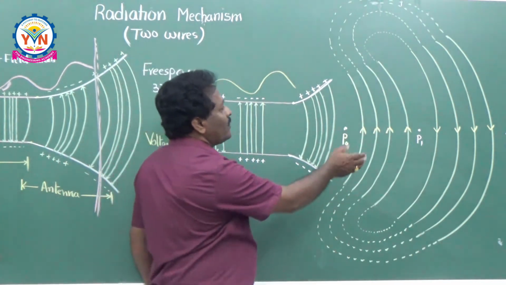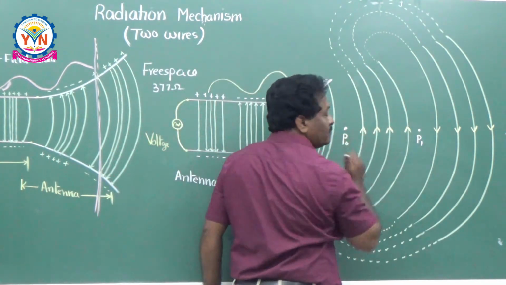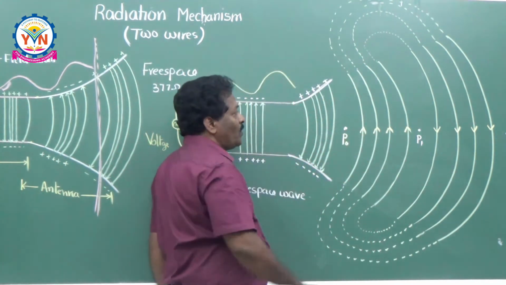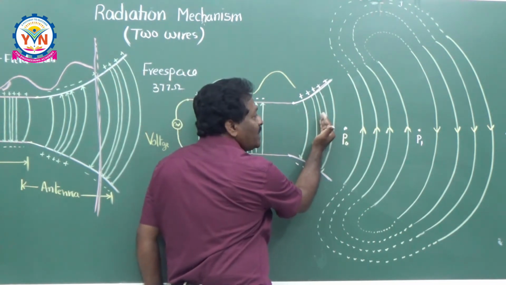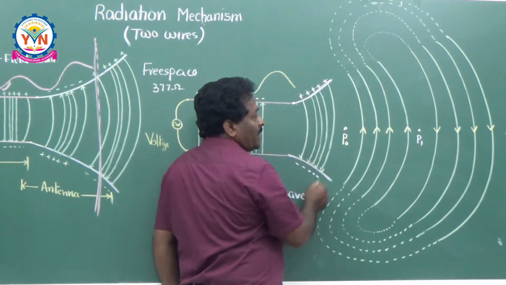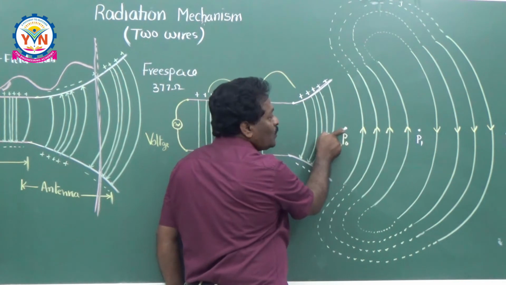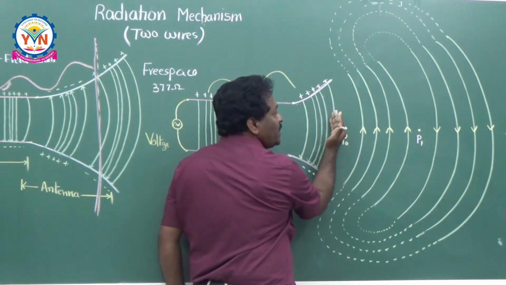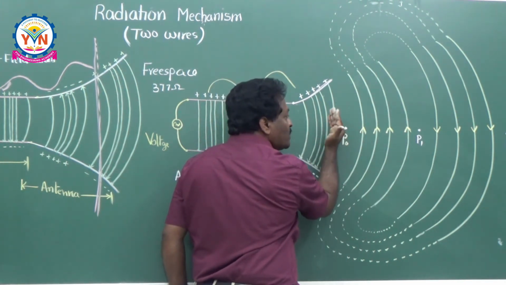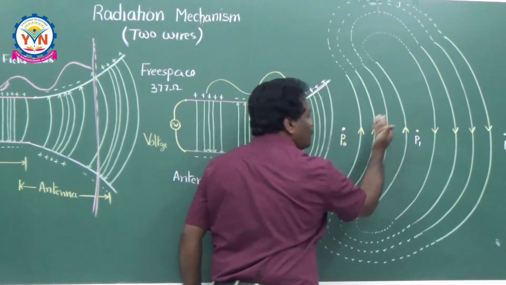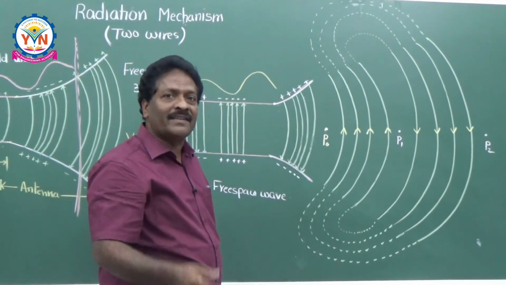In this case, I have taken only 4 lines of force. Whatever waves are releasing from this, at the point P0, if you observe closely, the velocity of the waves which are coming from this mouth to the free space is more than the light velocity.